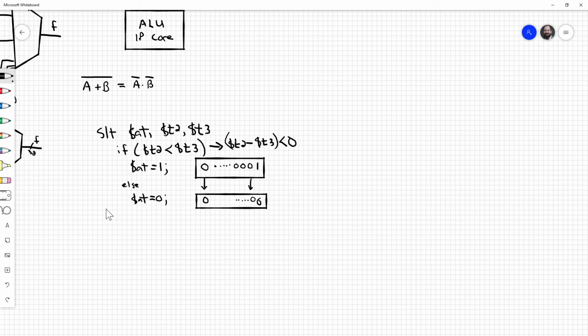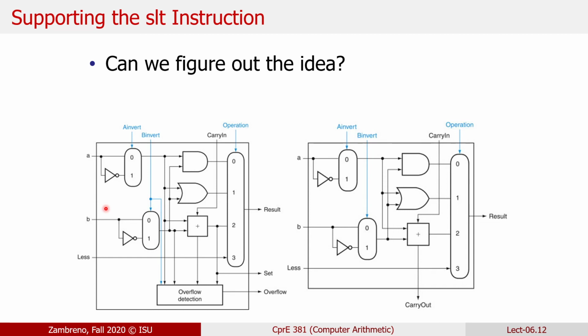I know what some of you are thinking. Well, there's a lot of other ways I can do it. There are other ways one can do it. You're safe in following the textbook approach for that. So A less than B is the same as taking A minus B and determining if the result is negative or not.